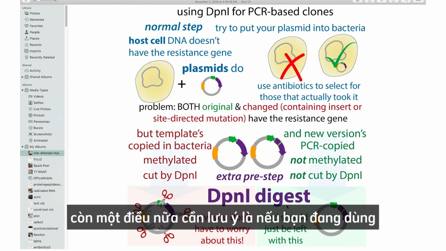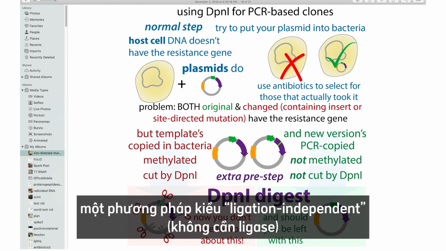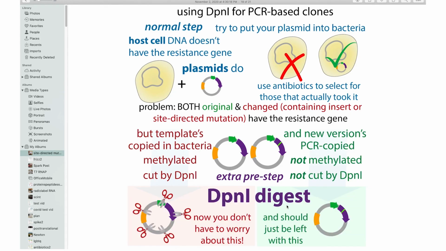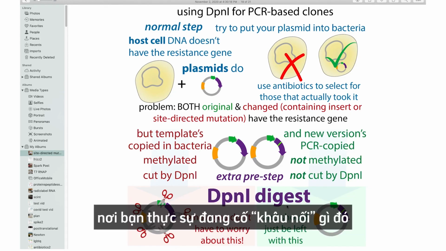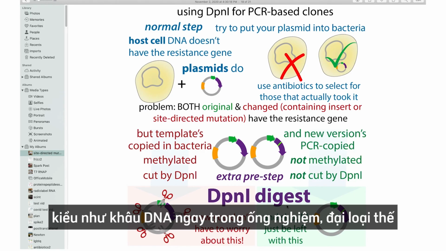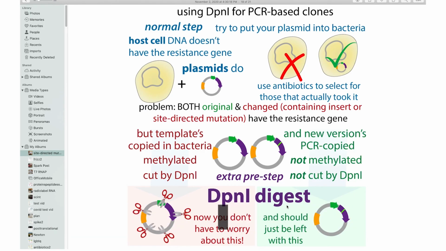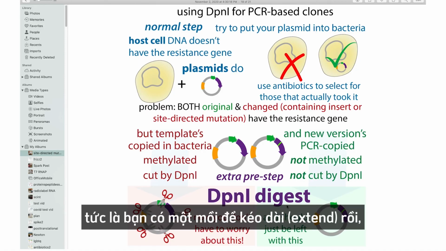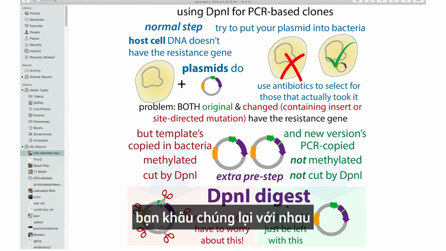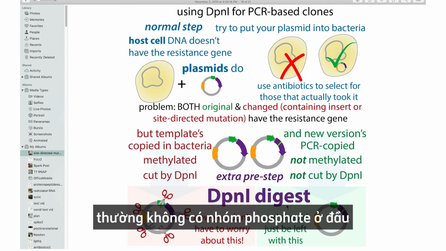Another thing to keep in mind is that if you're using a ligation-independent method, where you're trying to do some stitching in your test tube, with a primer-based method where you extend a primer and then stitch it together, the primers, when you buy them, typically don't have a phosphate group at the end.